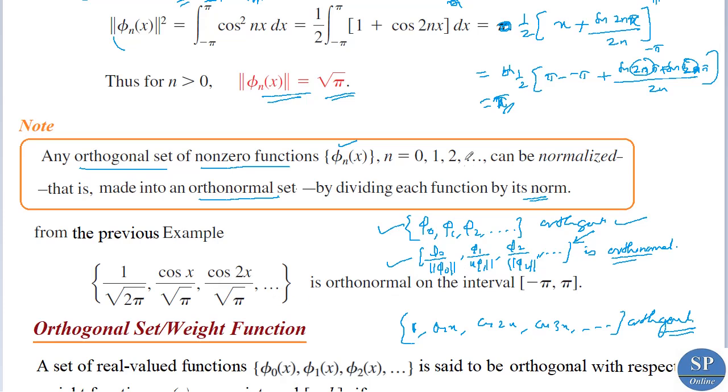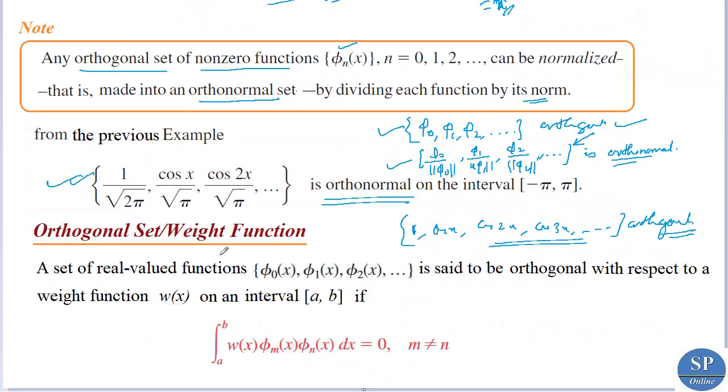Norm of cos nx is equal to square root of pi. So dividing each of these functions by their norm, that is cos x by root pi, cos 2x by root pi, cos 3x by root pi, this set is orthonormal now. Clear, this set is orthonormal because we obtained that 1, cos x, cos 2x, cos 3x is orthogonal, and we divided each of these functions by their corresponding norm.